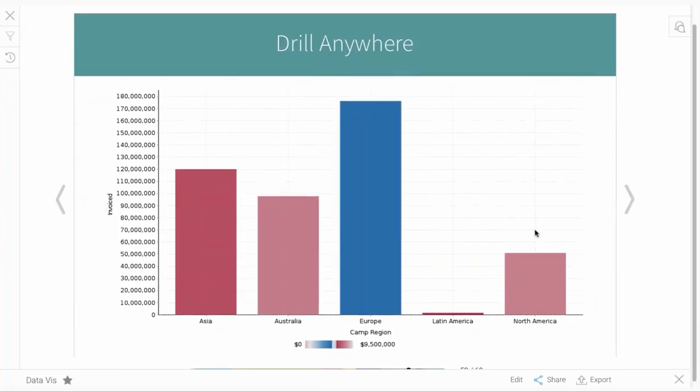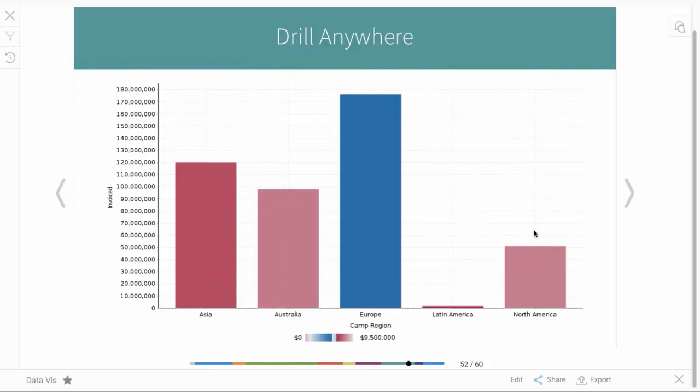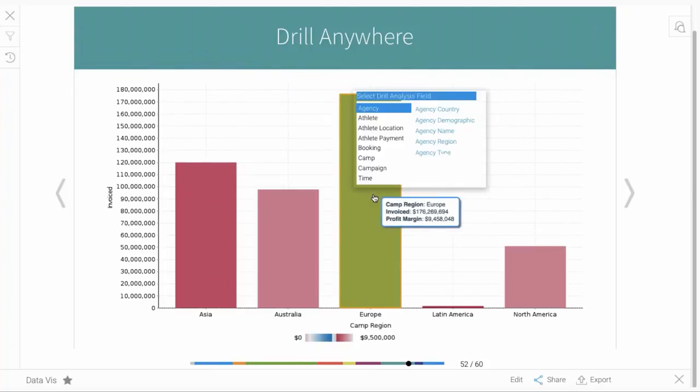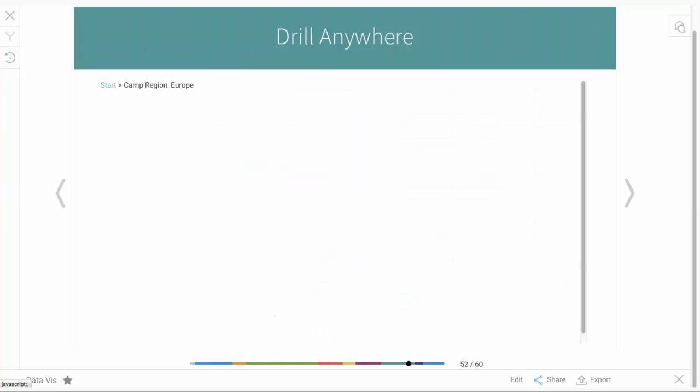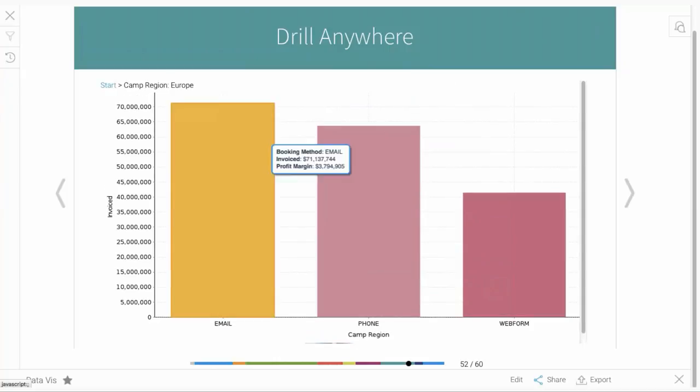Drill anywhere is very similar to drill down, but a bit more flexible. So with drill anywhere, you're able to click on a piece of data and really drill down by any of your types. So in this case, let's look at Europe and look at our different booking methods for Europe. So we can see that's made up of email, phone, and web forms.